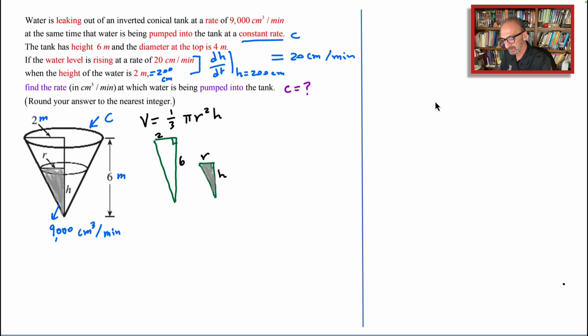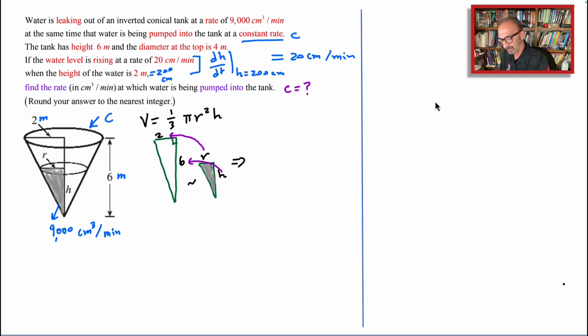Now these two triangles are similar, so we end up with the following ratio. We could write it any way we want as long as we stay consistent. That means if I go R to 2, that would be the same as this height to this 6.